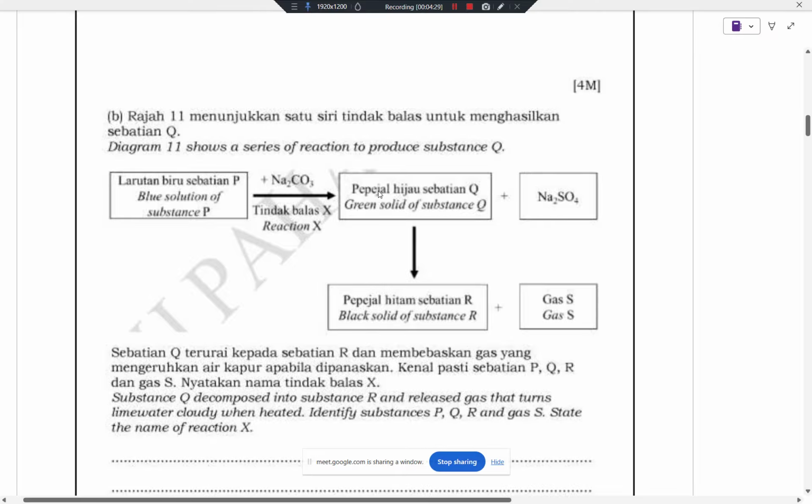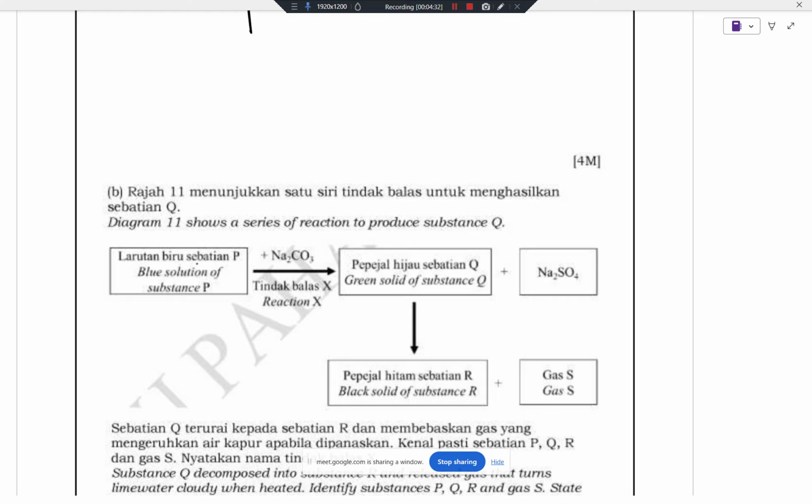Okay, now you see this salt, no, this is not heating. I thought it was heating. It's a blue solution of substance P. Most probably it contains copper, because it's a blue solution and it becomes a green solid.